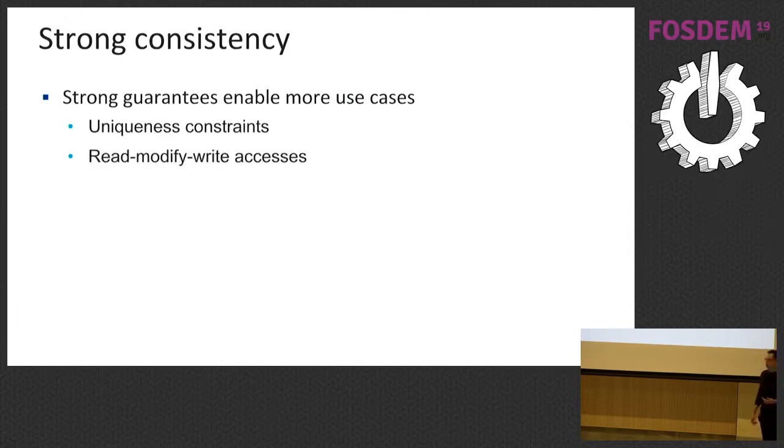If you want to have read, modify, write accesses where you read a value, make some decision, and modify the value and write it back, you can't really do that safely in the presence of concurrent updates with the mechanisms we have right now. Similarly, if you want an update to be all or nothing, so if you want all the values to be written on all the replicas or at none of them instead of those partial writes that we saw, then we have no mechanism to prevent that right now as well.